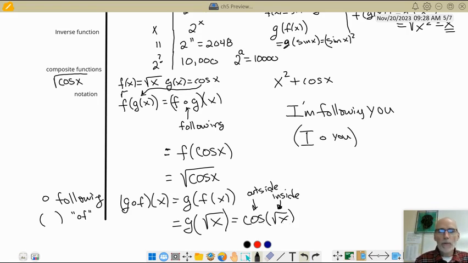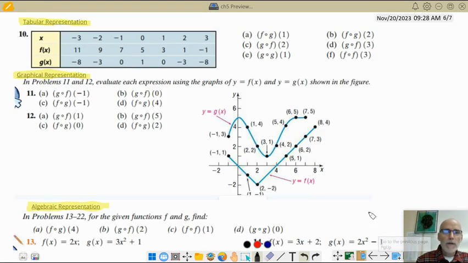Let's look at a couple homework problems and see if we can figure this out. So, sometimes when we have algebra, and I show you an example of algebra, and then we have something that doesn't involve algebra, we think, oh my gosh, this looks totally different. Well, let's just try to rewrite this statement right here without the little following symbol. If I go f of g of 1, okay, so I got to look over here at my table. Here's the x value of 1, and then I'm going to go and find the g value when x is 1.